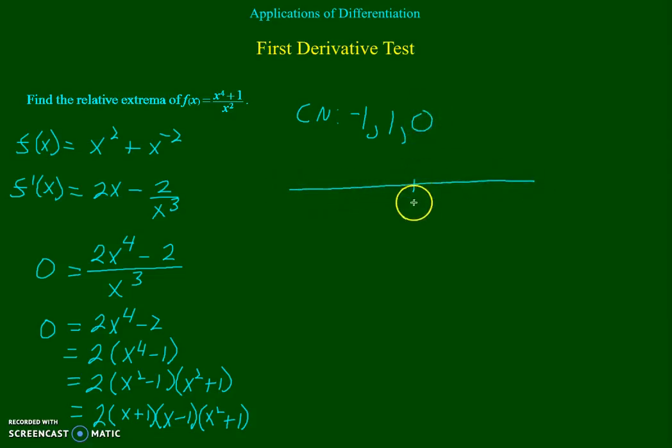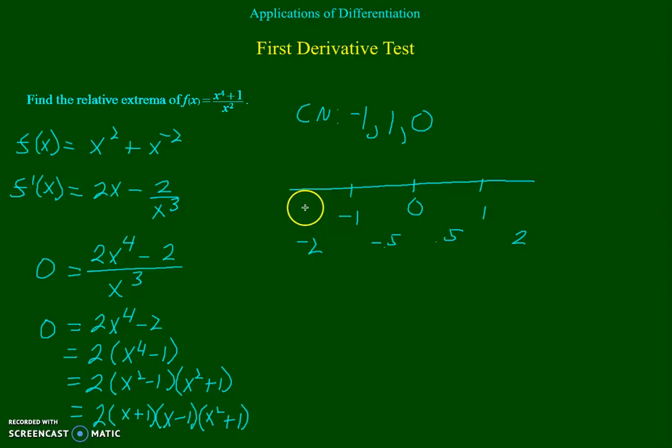So let's put our anchor values. There's 0, there's negative 1, and 1. Let's make our test values negative 2, negative 0.5, 0.5, and 2. Let's go ahead and evaluate our first derivative at our test values and see what we get.